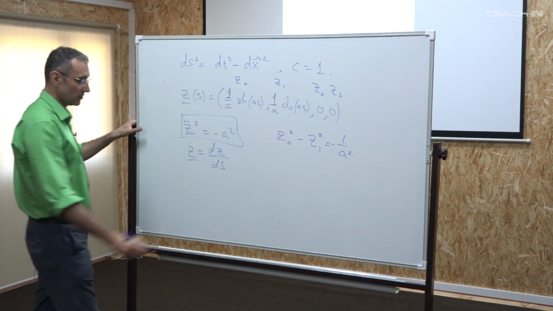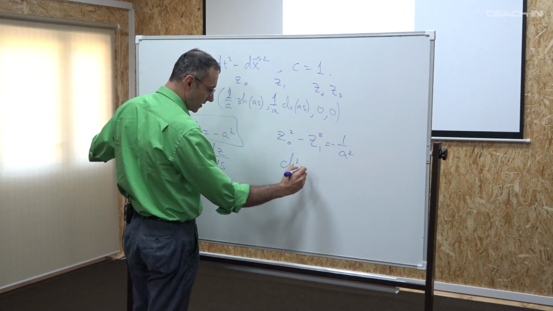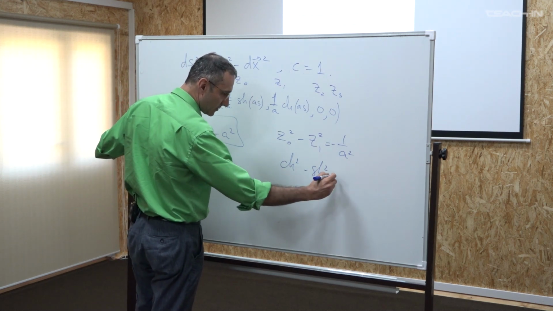A very easy exercise, following from the fact that cosh squared minus sinh squared of whatever argument is just 1.